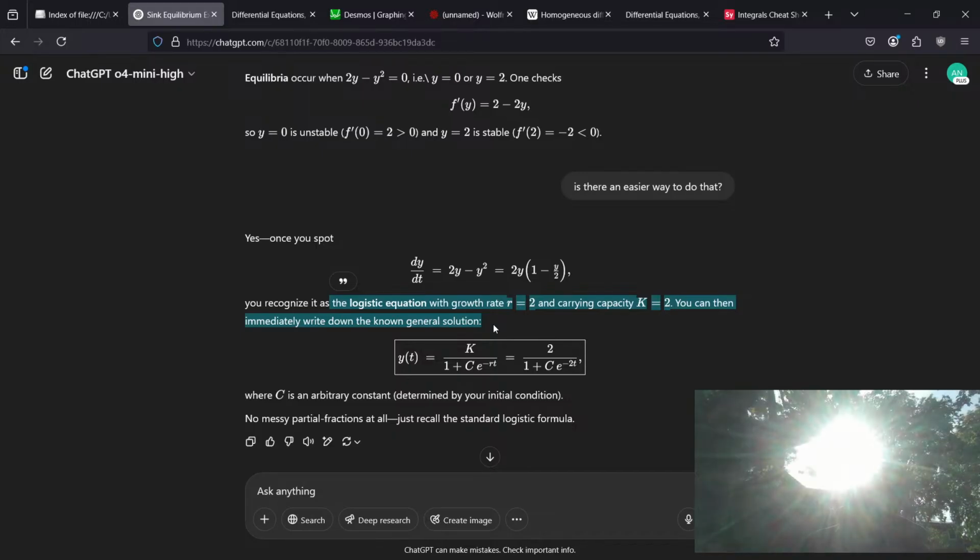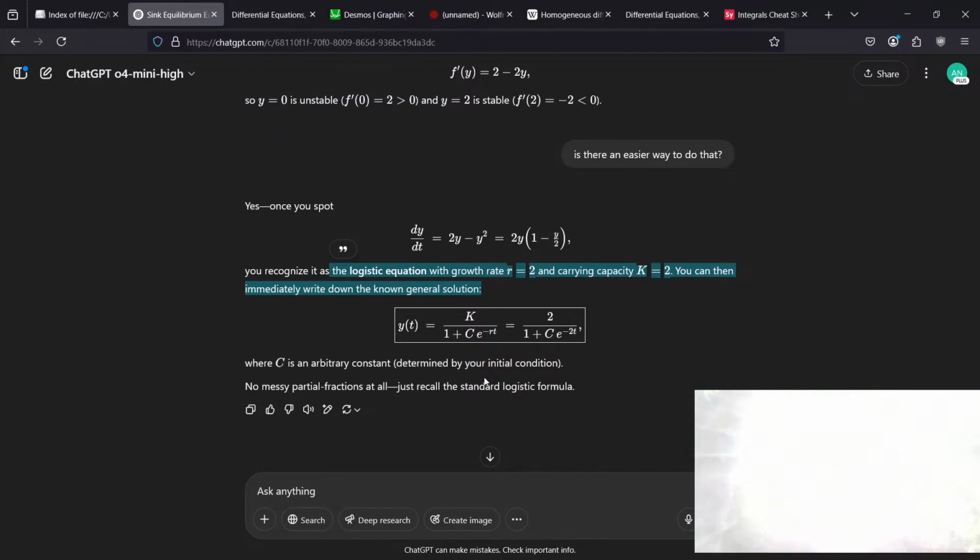The logistic equation general solution: for dy/dt equal to ry times (1 minus y over k), it's going to be y of t equals k over 1 plus c e to the minus rt. Yeah, maybe we memorize that one.